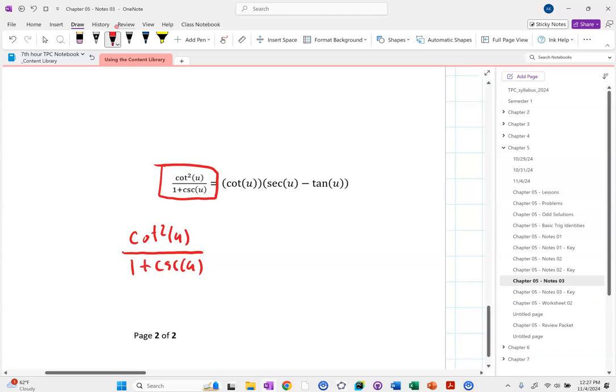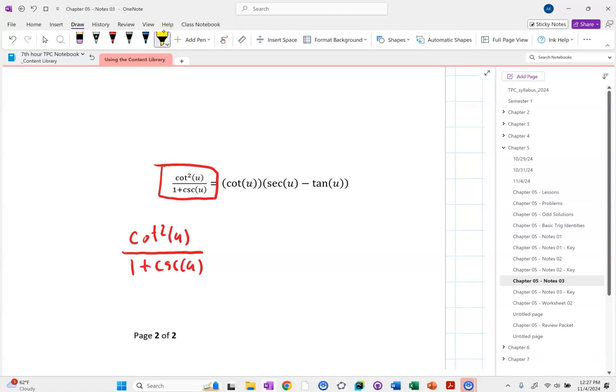I have like two things. Here I have something divided by 1 plus something. And on the right, I have something times something minus something. I don't know, they seem about the same to me. All right, so we have this. And what do you want to do first?